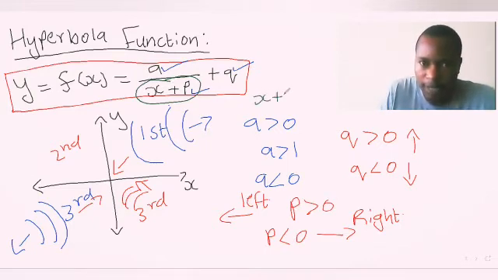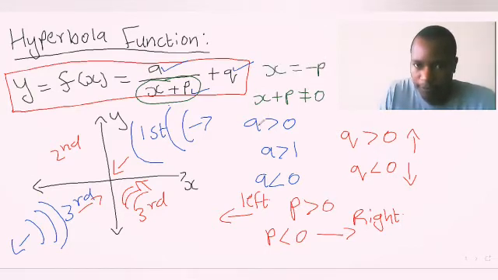So X plus P cannot equal 0. So for X plus P to equal 0, X has to equal negative P. So that would be based on what we actually have here as the general form of the equation. So it means that P in itself is the vertical asymptote.